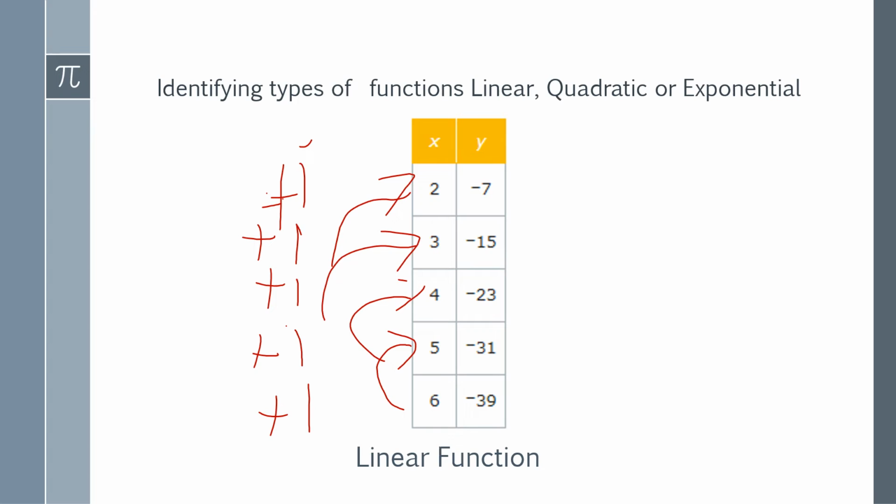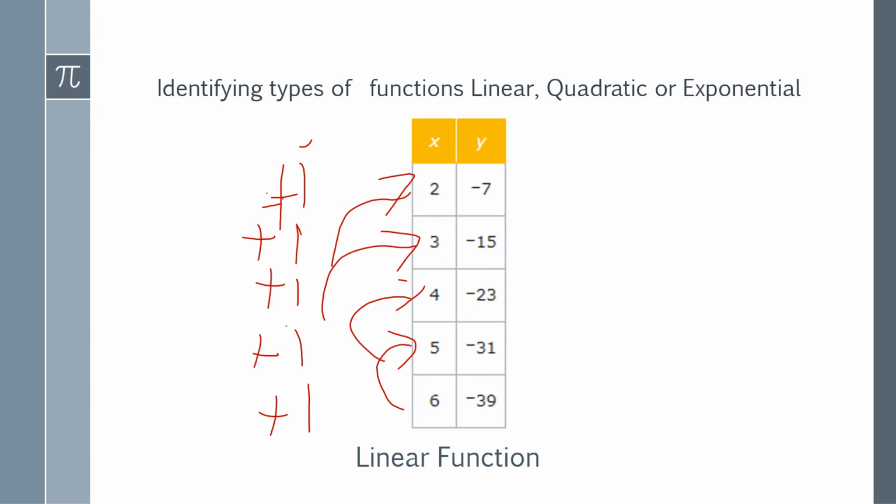All right. So let's look at the y side, the dependent side. So we got -7, -15, -23, -31, and -39. So let's look at the relationship between these. The best way to do that, I'm sorry, you guys, you're going to have to subtract to find that common difference between the two.